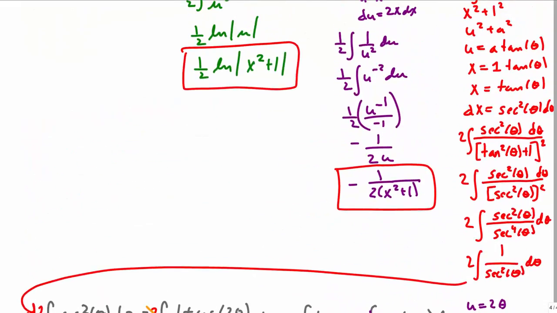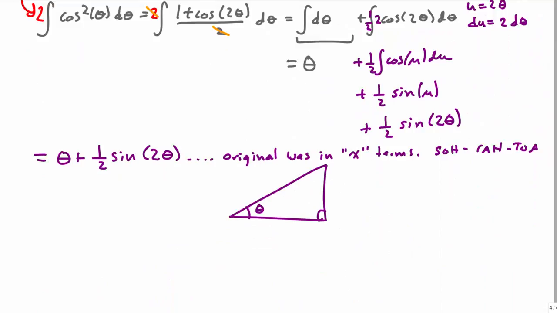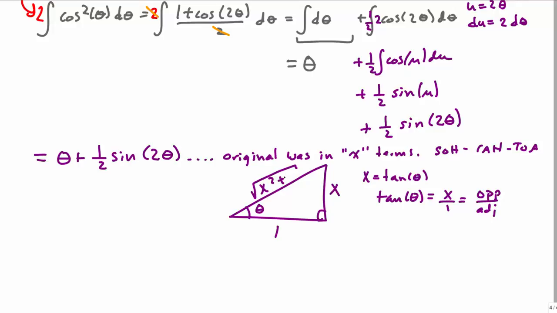I come clear up here, back to my original substitution, x equal tan theta. So tan theta equals x over 1. Tangent is opposite over adjacent. So from this theta, opposite would be x, adjacent would be 1. The hypotenuse using Pythagorean's theorem would be the square root of x squared plus 1.